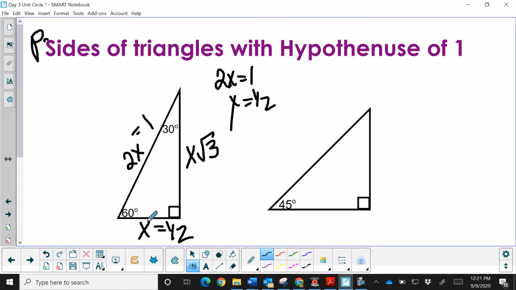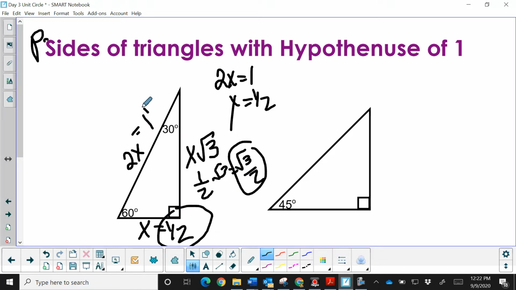Well, if you have the short leg at 1/2 and you multiply it by the square root of 3, you get 1/2 times the square root of 3, which is also known as root 3 over 2. So these dimensions are the three that you need.